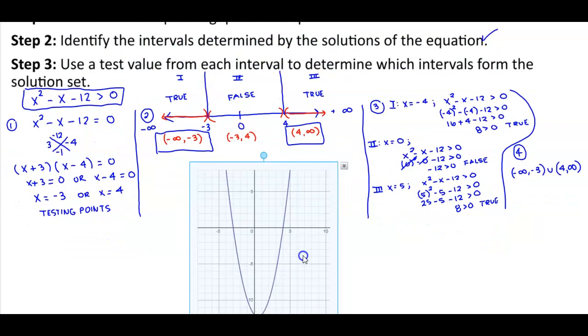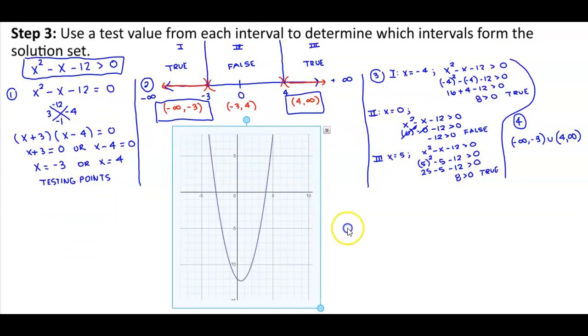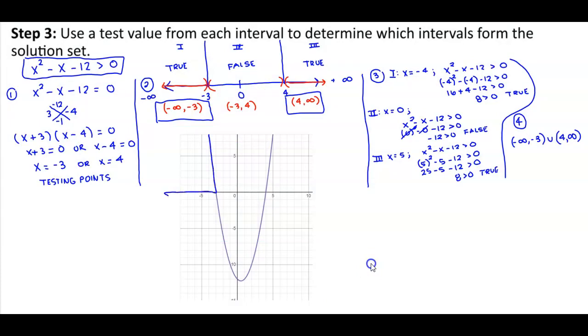Okay, so this graph is representing this particular interval right here. What it's saying is that it's above the x-axis from here all the way to negative infinity, and that point here is -3, 0.